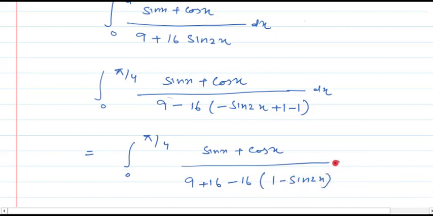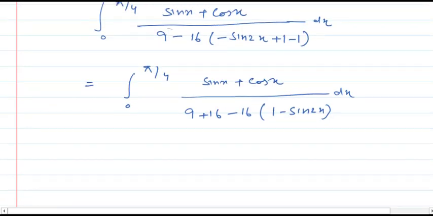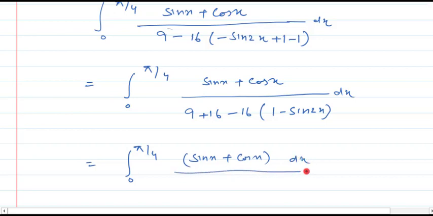Further, this can be rewritten as the integral from 0 to pi by 4 of sin x plus cos x dx upon, in the denominator, 25 minus 16 into 1 minus sin 2x.